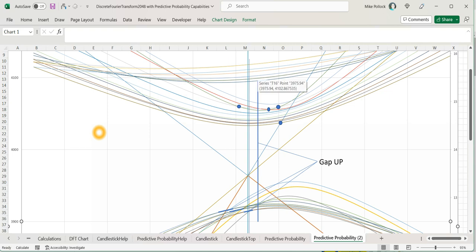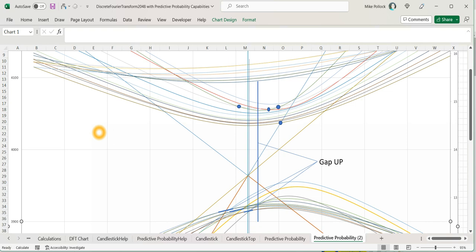I've got it at 39.76, and it closed on Monday at 39.63. So that's 13. That line is about right at where the gap up is. And here I can show where the gap up is. I drew some heavy bold lines showing these three pairs push the price up past zero.